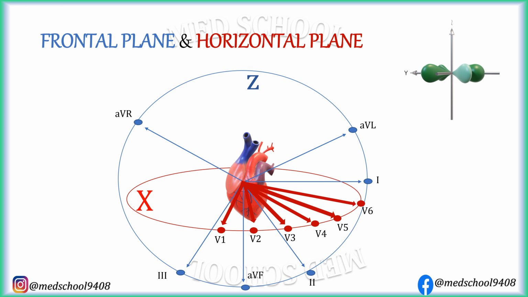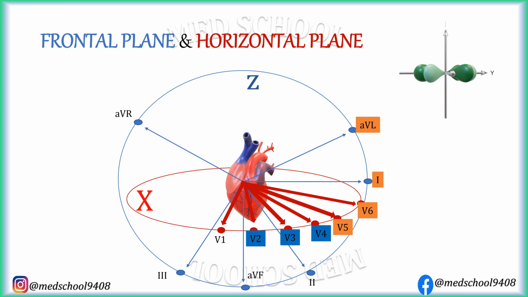As you can see, lead 1, AVL, V5 and V6 are placed laterally and record electrical activity from lateral wall of the heart. Lead V2, V3 and V4 are placed anteriorly and record electrical activity from anterior wall of the heart. Similarly, lead 2, lead 3 and lead AVF are placed inferiorly and record electrical activity from inferior wall of the heart.